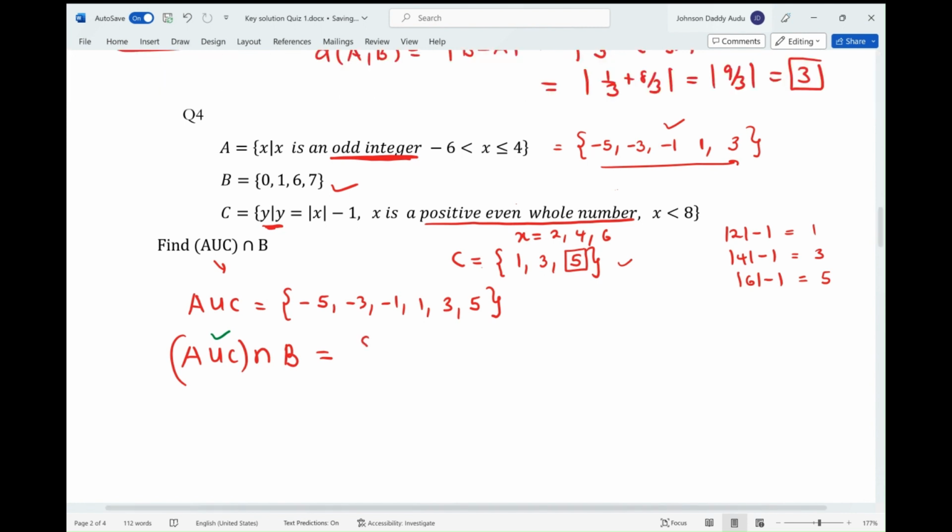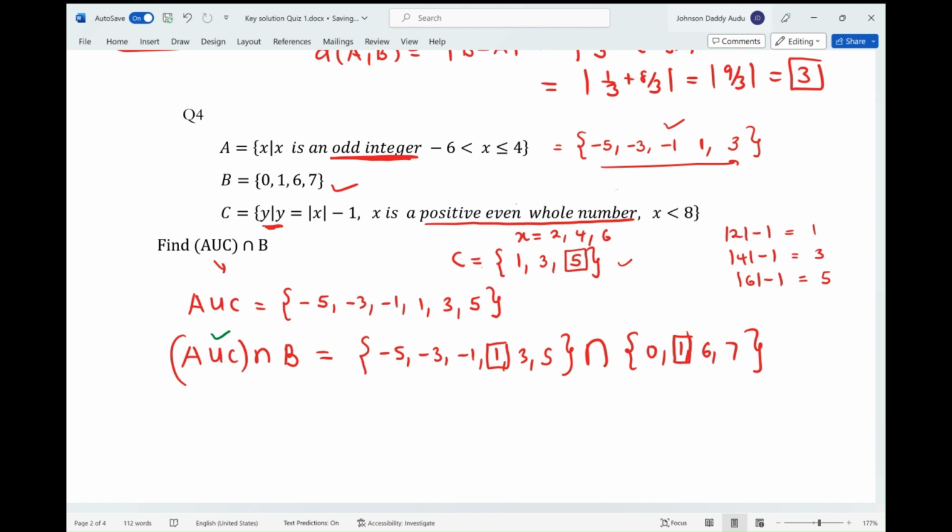You need this set, and you want to intersect it with B, which is 0, 1, 6, and 7. If you look here, you will see that only one element is common to both, because we are doing intersection. So this intersection is just going to be a singleton set, which has only 1. And we're done.